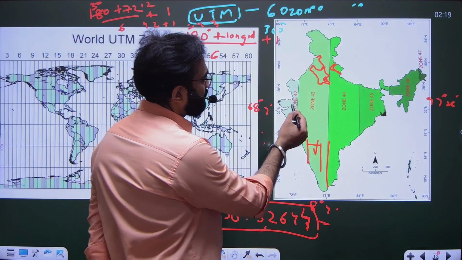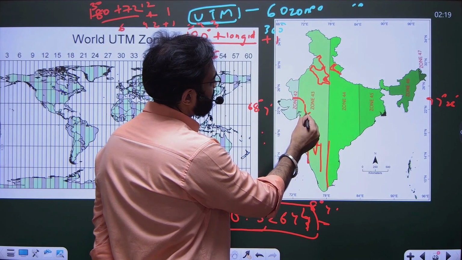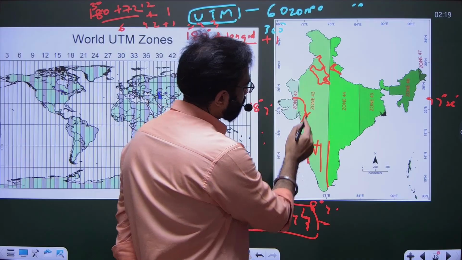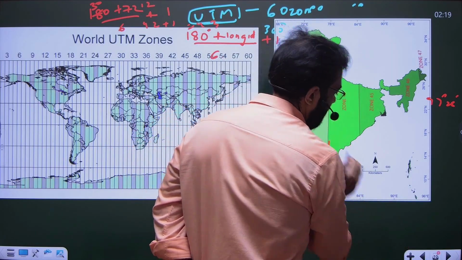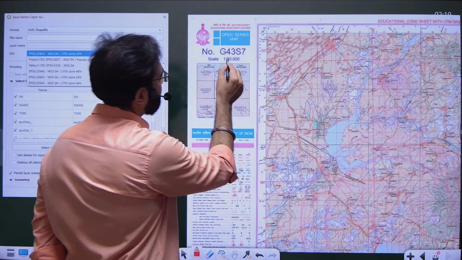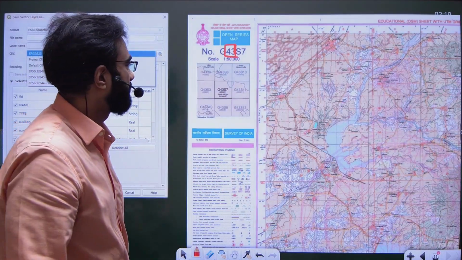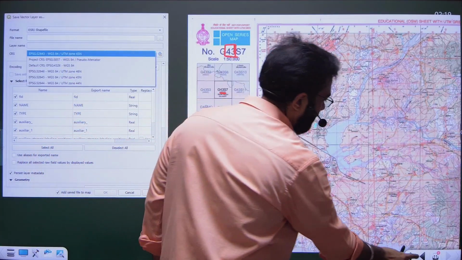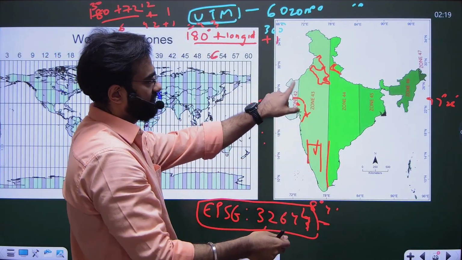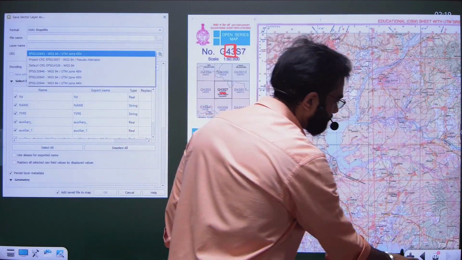Gujarat obviously spans this region, and the region we are studying lies somewhere here, and that is why it is UTM 43N. It is bordering Rajasthan at the top, so it belongs to 43N.